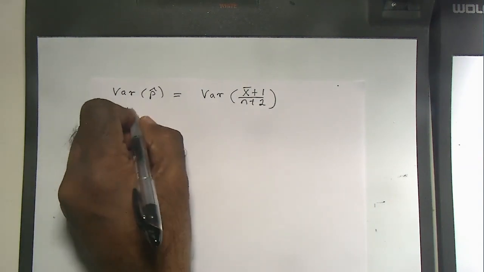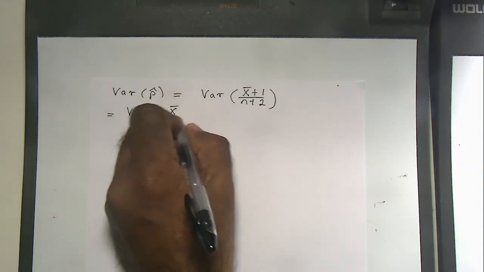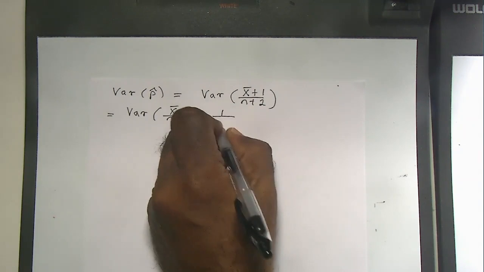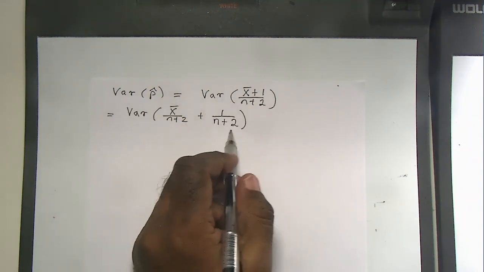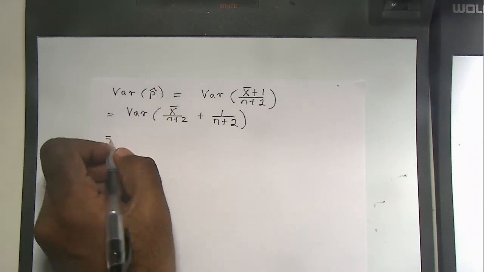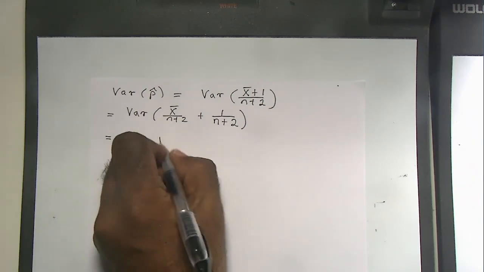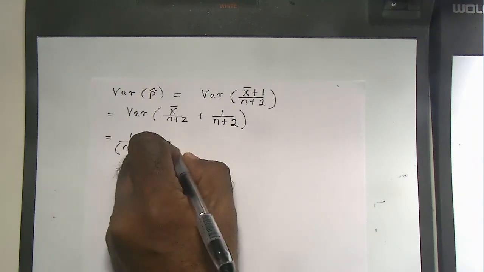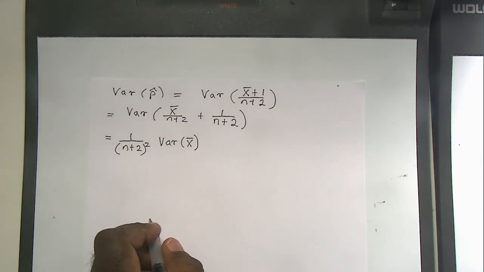You can write this as the variance of x bar divided by n plus 2, plus 1 divided by n plus 2. Now the second term is a constant, so it doesn't affect the variance. So this would be the same as 1 over, yes. You see that?